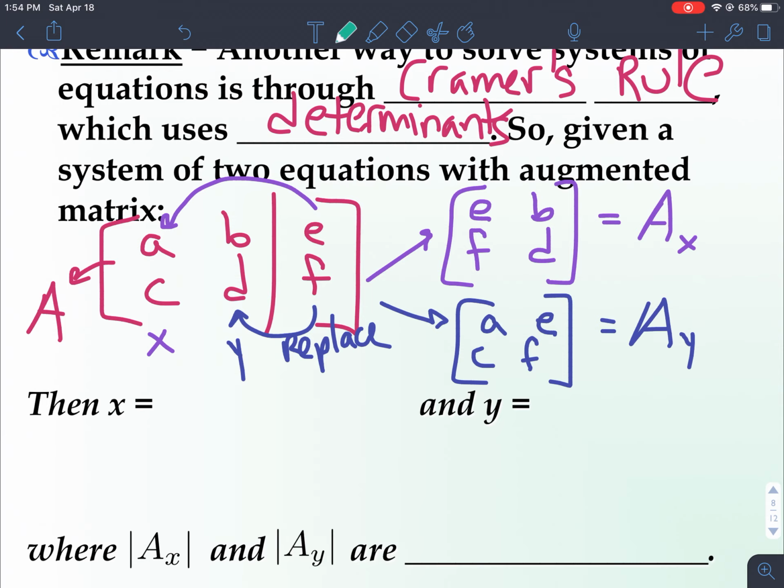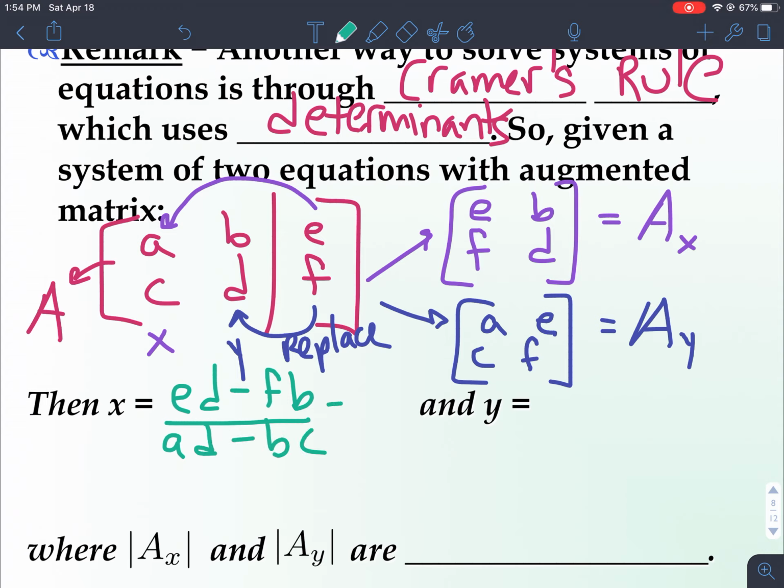And what's going to happen is X is going to be the determinant of the A subscript X matrix. That's going to be ED minus FB divided by the determinant of the A matrix, AD minus BC.